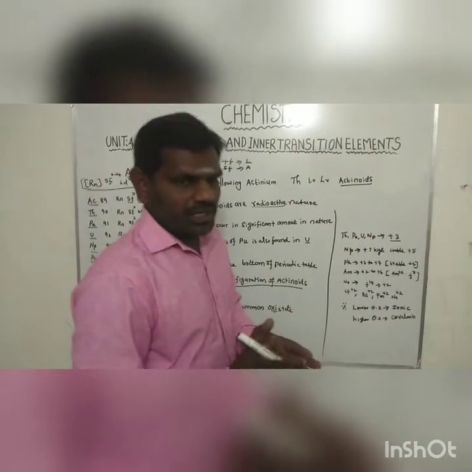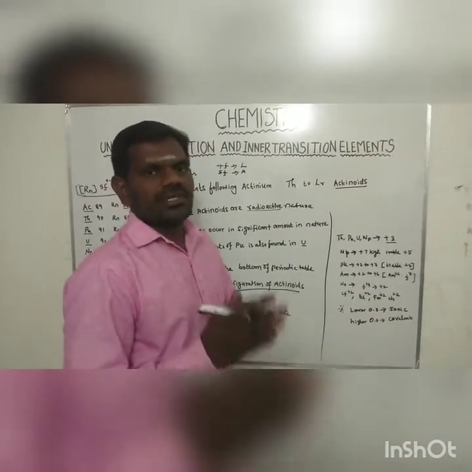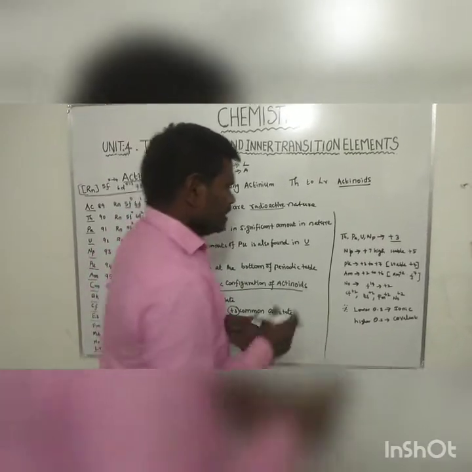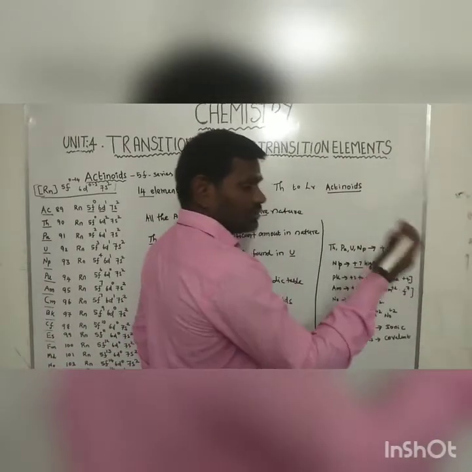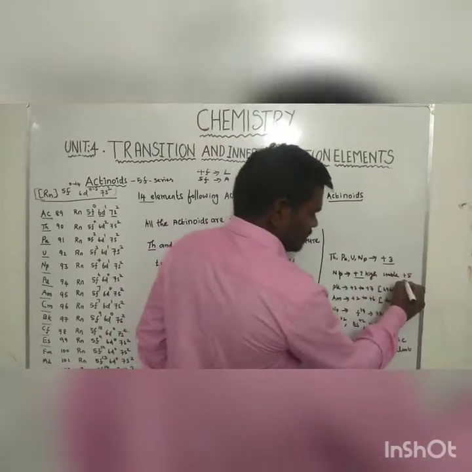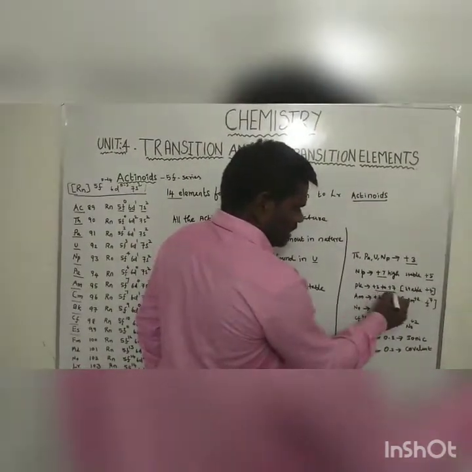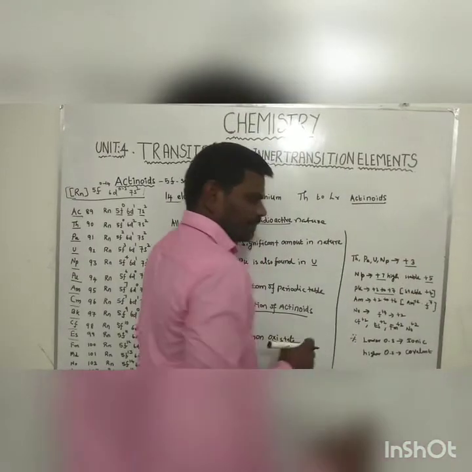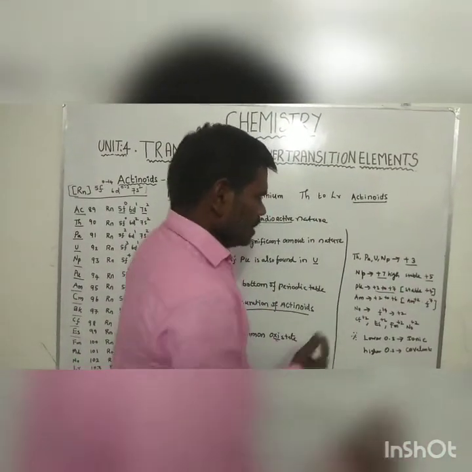But the +3 oxidation state is more stable due to the half-filled stable electronic configuration. Neptunium exhibits +7, a higher oxidation state, but the stable one is +5. And plutonium exhibits +3 to +7, but the stable one is +4.